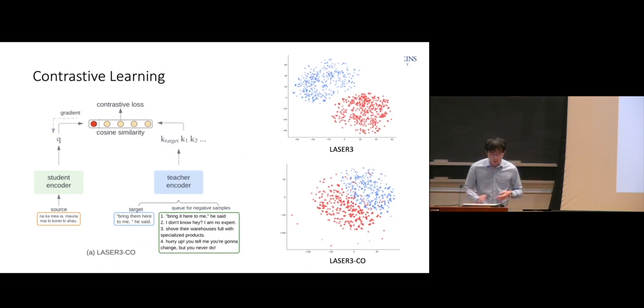In general, the objective is to train it so that Q and K target are pushed closer to each other, while Q and the other negative representations are pushed away from each other. And we can see from the visualization that using this approach, we get the representations closer for Sinhala and English. The red dots are the Sinhala sentences and the blue dots are the English sentences.